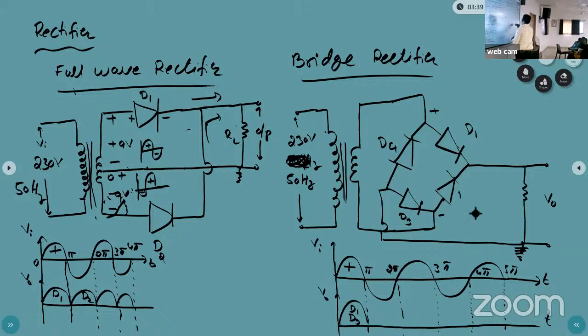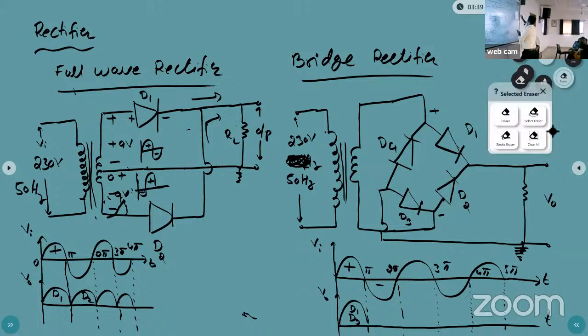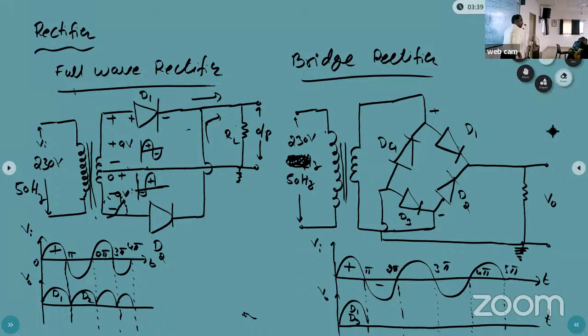D4, D2. Now we can apply the pi to 2 pi. Which cycle are we applying? Negative half. We are applying the negative half. Right?